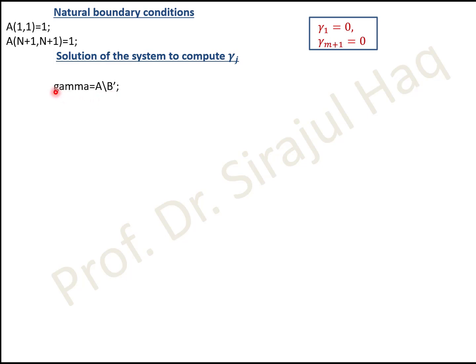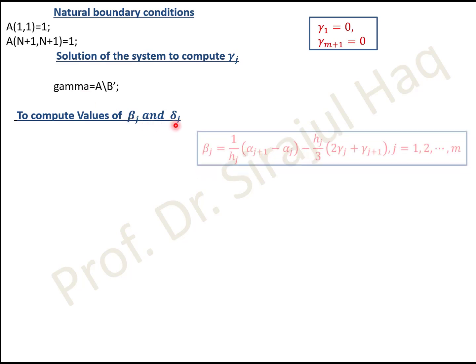So gamma stands for the coefficients of x square. So you computed gamma i's, and now let's compute. Alpha i's you have computed before, gamma i's you computed here. Now let's compute beta i's and delta i's.